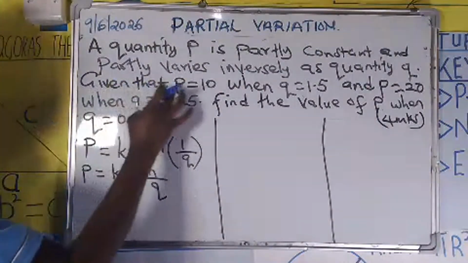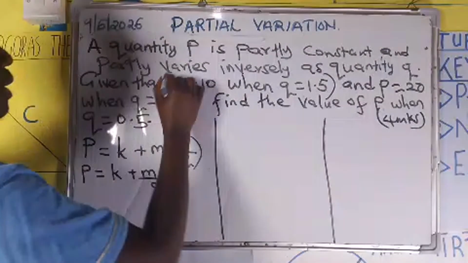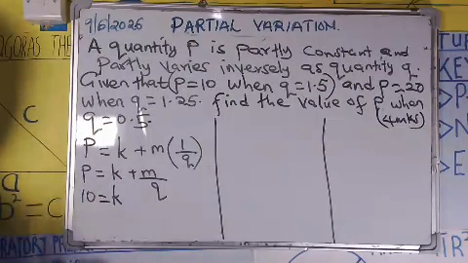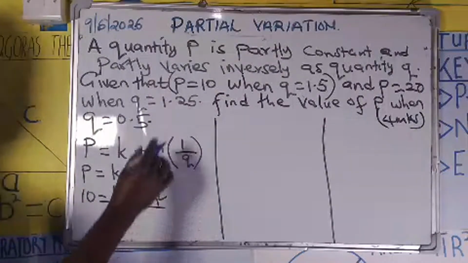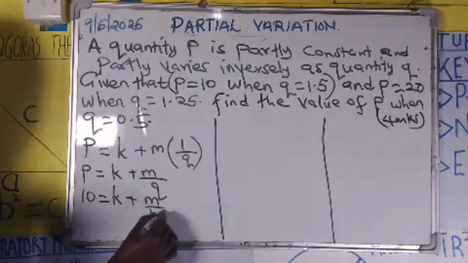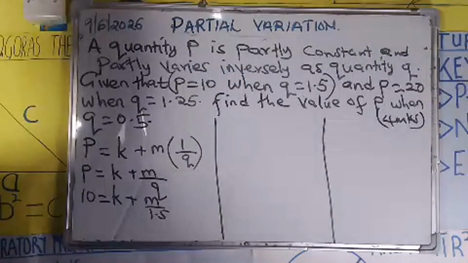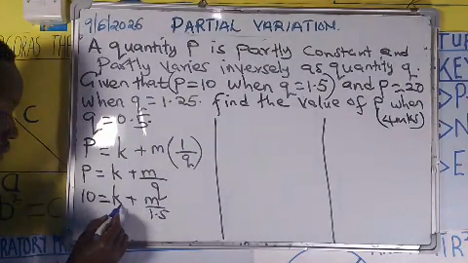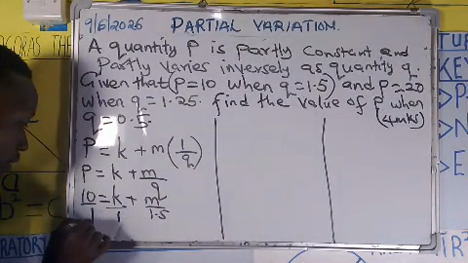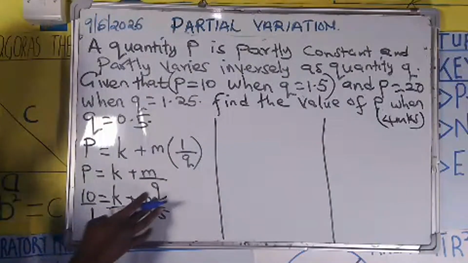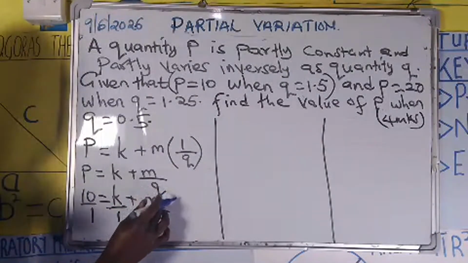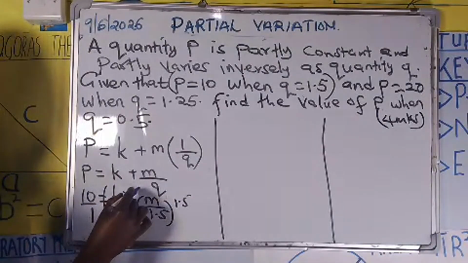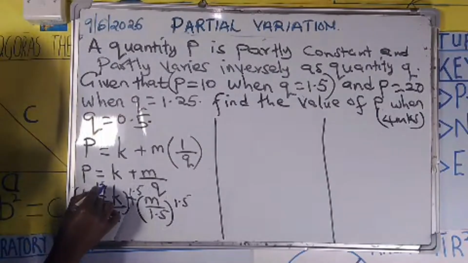So tunaambiwa given that P is 10 when Q is 1.5. So hapo itabaki K plus M over 1.5. Tukiwa na hiyo we can eliminate this denominator 1.5. So we can say this one is over 1 and this one is over 1. So for us to eliminate this 1.5, we can multiply everything by 1.5.